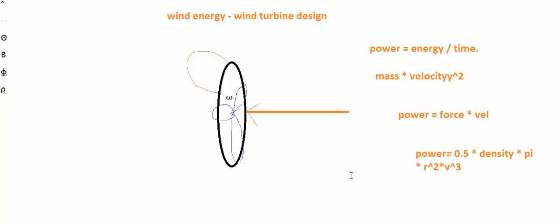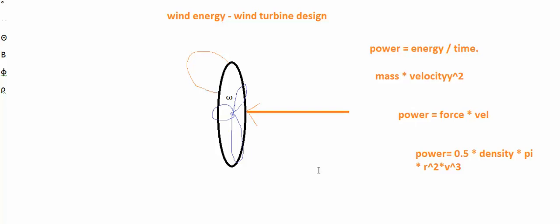For now, we know that the maximum power available in the rotor plane is half times the density times the area times the velocity cubed. In the next video, we will analyze the angles, twists and chords, and how we design the wind turbine according to the location.